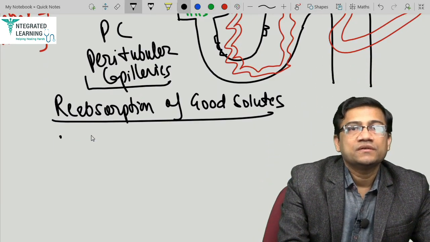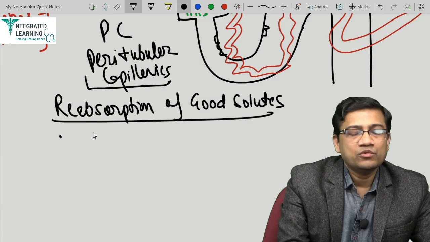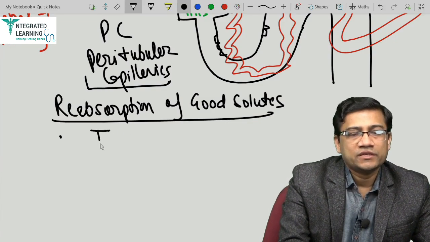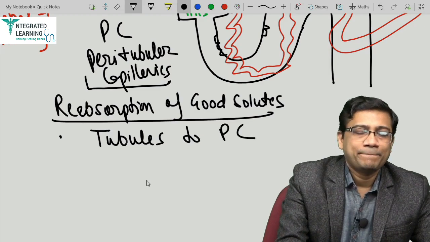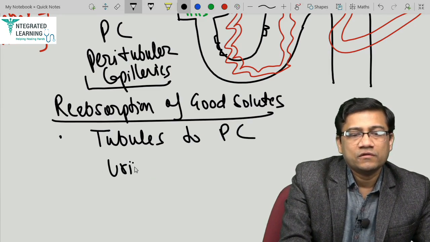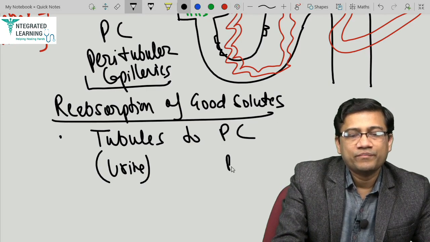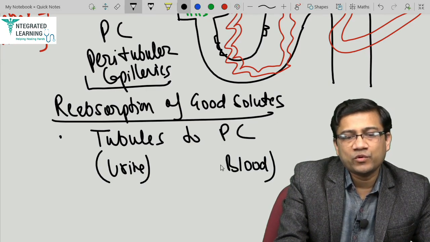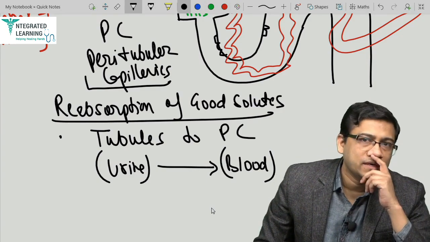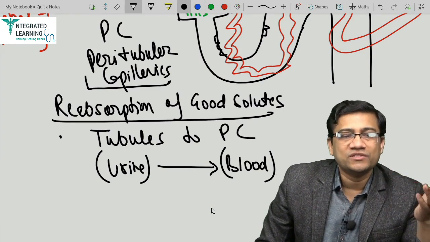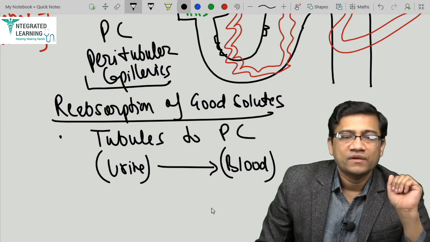Direction is, it is tubule to PC, okay. So direction is tubules to PC, that is from urine to blood. So anything which you pick up from urine obviously must be a good thing or required thing. So that's why direction is from tubules to the PC, called as reabsorption, okay, fine.